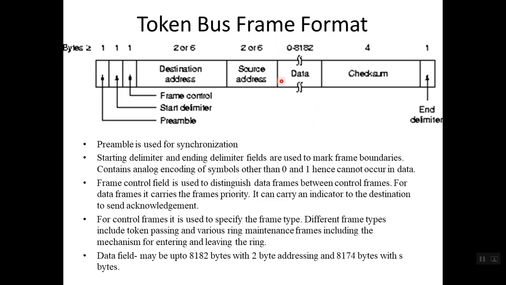This data field can be up to 8182 bytes if we use 2-byte addressing, and 8174 bytes with 6-byte addressing. If you are using 6-byte addressing, the data size can be up to 8174 bytes.